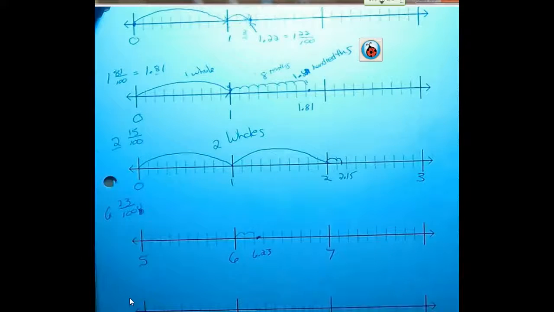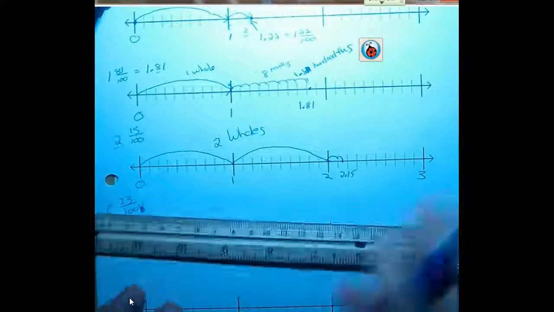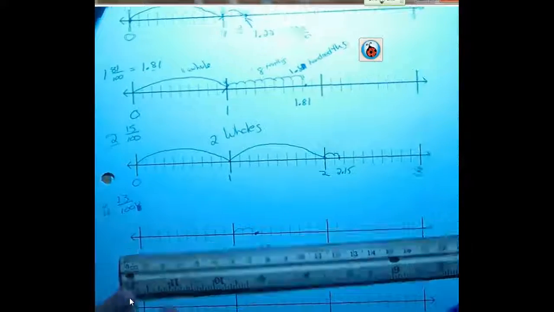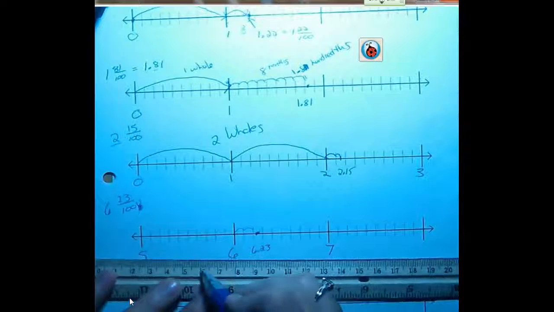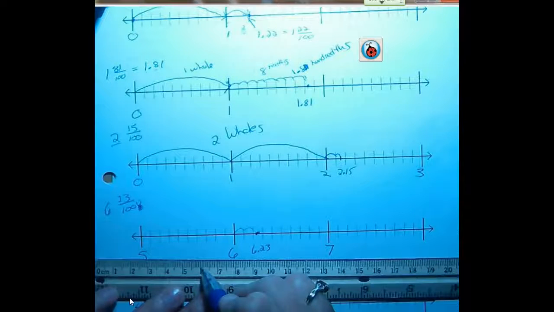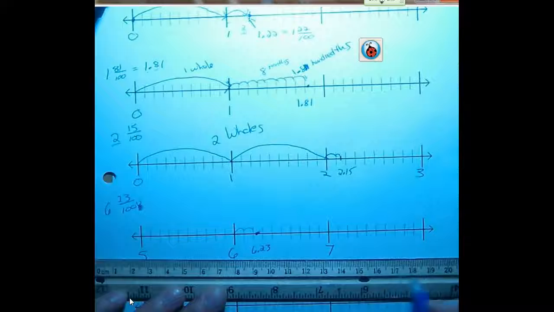Actually, let's go ahead and do that. So if I had this number line, this is 6. Actually, we can't do that because this is still broken up into tenths.